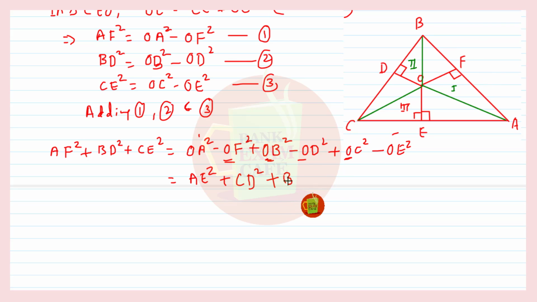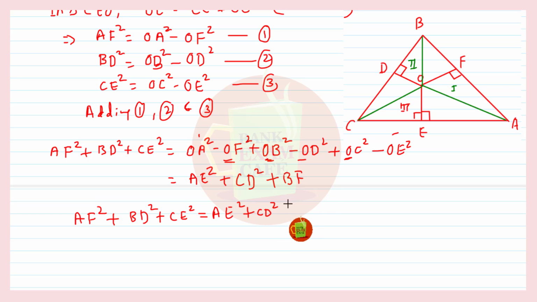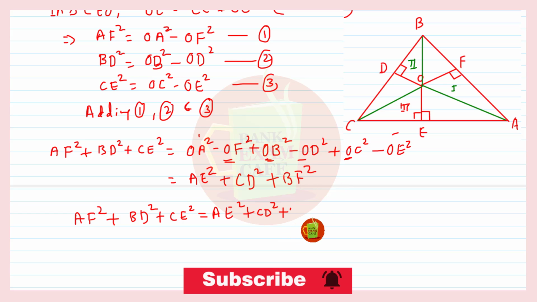So plus BF square, and that only we have to prove. Therefore AF square plus BD square plus CE square is equal to AE square plus CD square plus BF square, and hence it is proved.